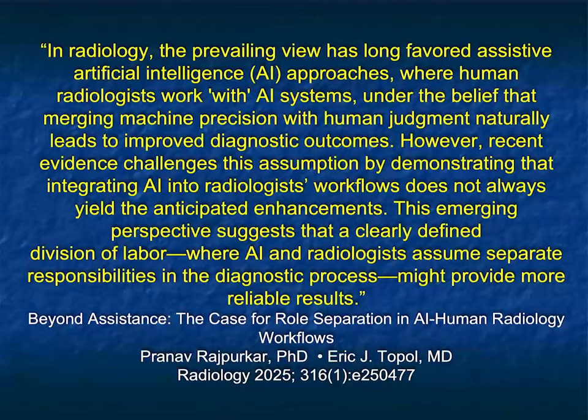This article by Rajapur also makes the point, again, the emerging perspective suggests that a clearly defined division of labor where AI and radiologists assume separate responsibilities in the diagnostic process might provide more reliable results.